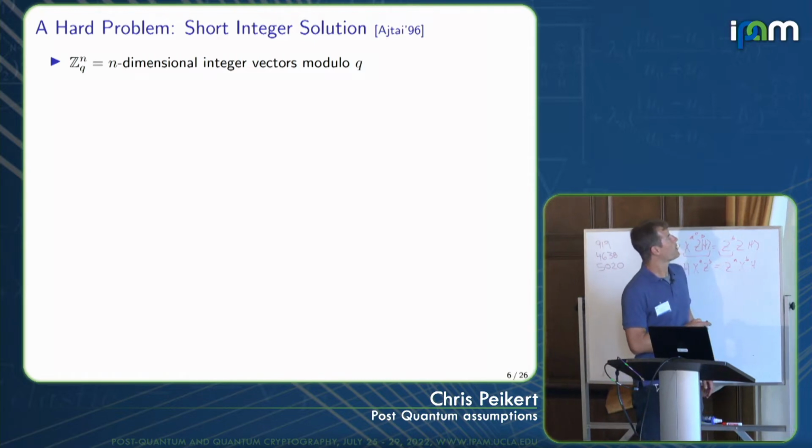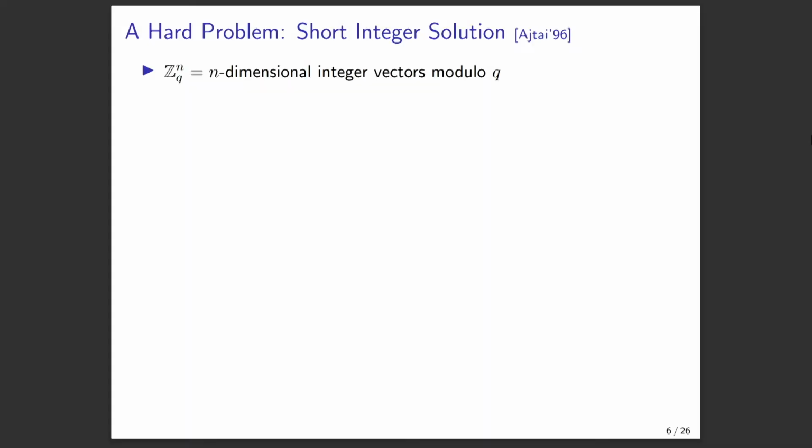I'm going to define Z_q^n to be the additive group of n-dimensional vectors with integer entries, where all the arithmetic is mod q. So when I add vectors together, it's the usual way, except I always reduce the integers mod q. Okay. So here's the problem.